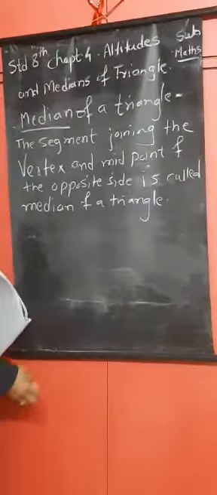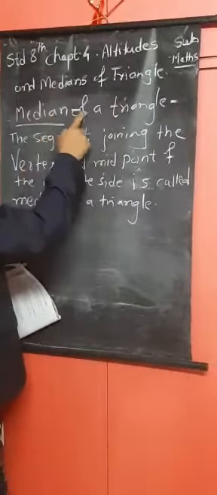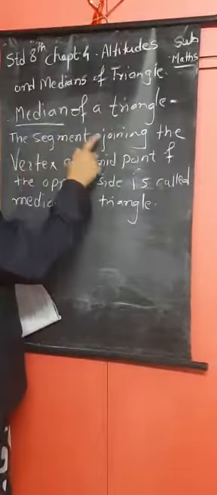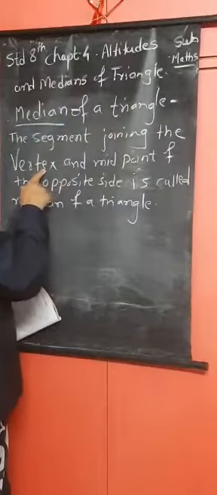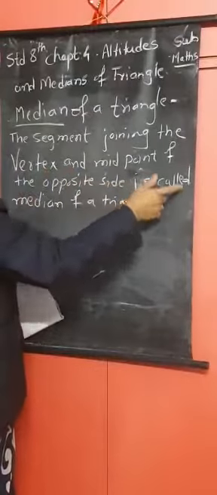So first we read this definition carefully. Median of a triangle: the segment joining the vertex, म्हणजे शिरोबिंदू, and the midpoint of the opposite side is called the median of a triangle.